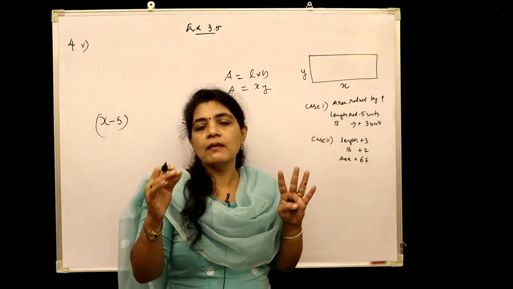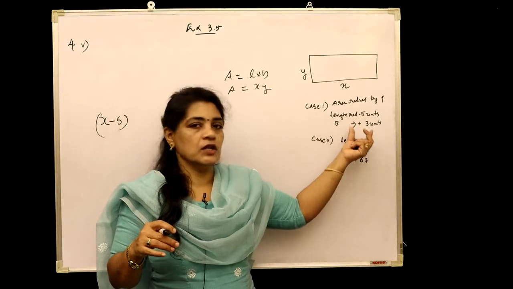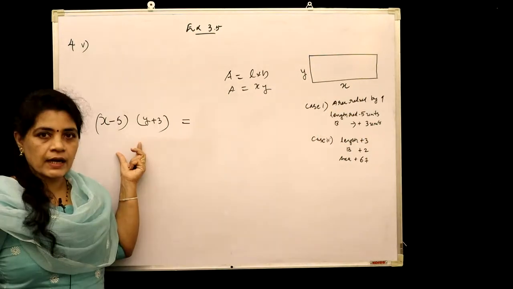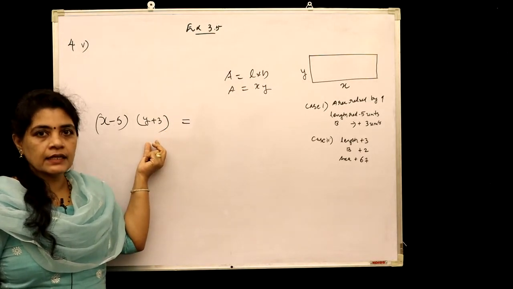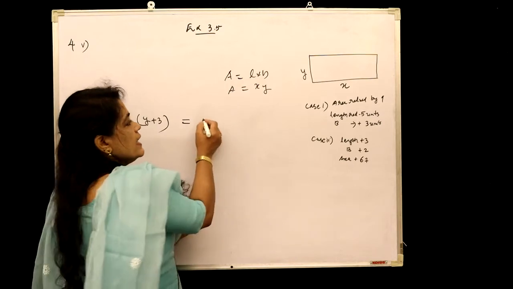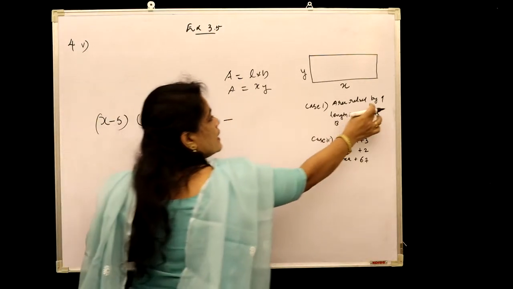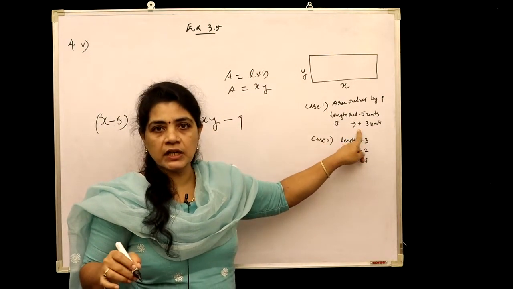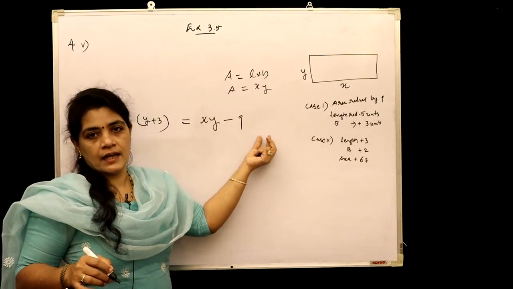That is xy minus 9 is the new area after making these changes to length and breadth.